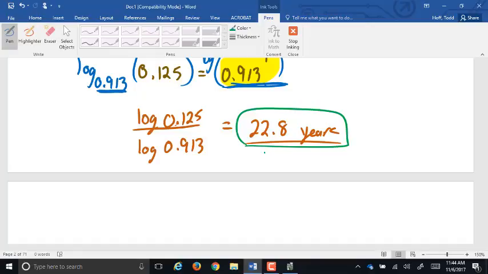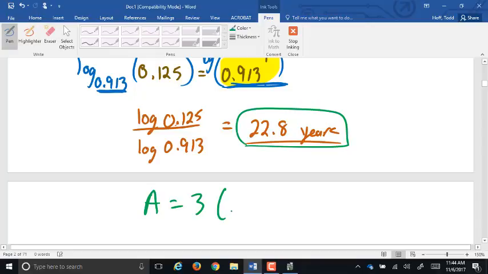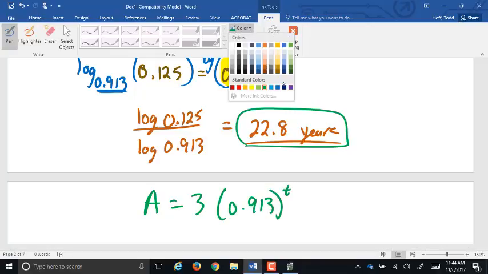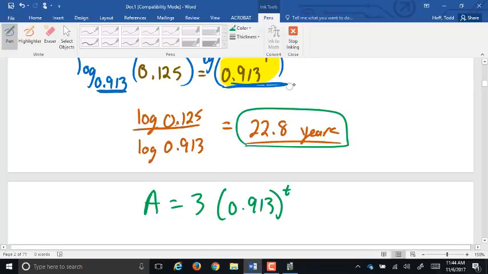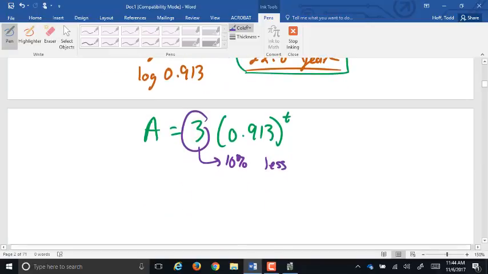Yeah, so what you would do is your model is going to be the exact same. If I make my pen work, there we go. But what they're saying is instead of peaking at 3 trillion, it's 10% less. Well, what's 10% less than 3 trillion?